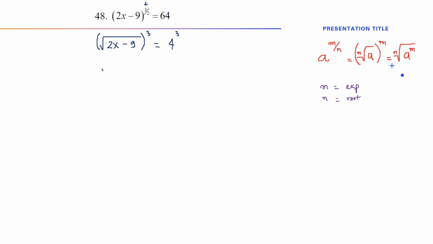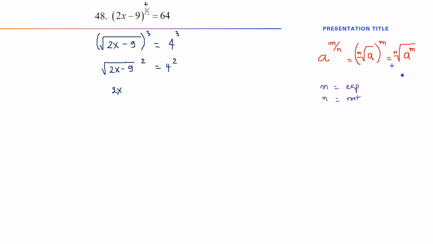Now we can set the square root of 2x minus 9 equal to 4. They have the same exponent, so the bases have to be the same. Now we have the square root of 2x minus 9 equals 4. I square both sides.